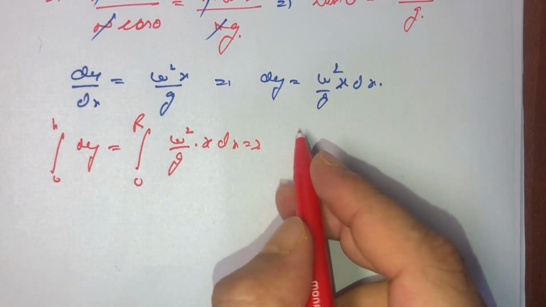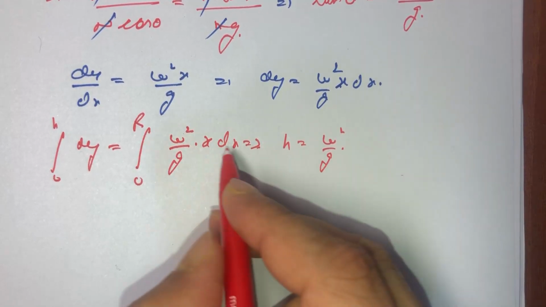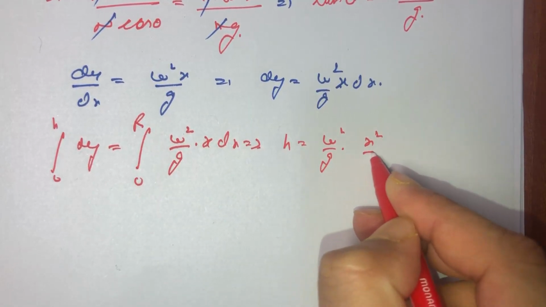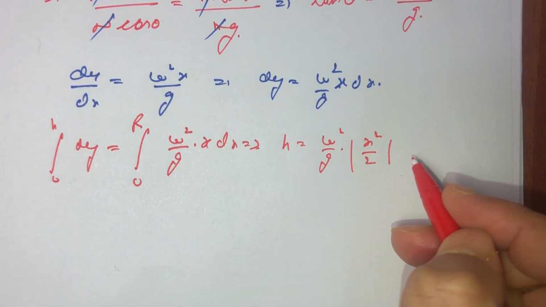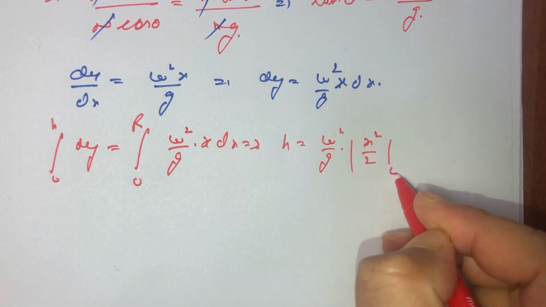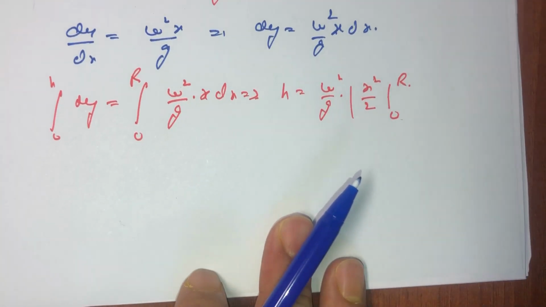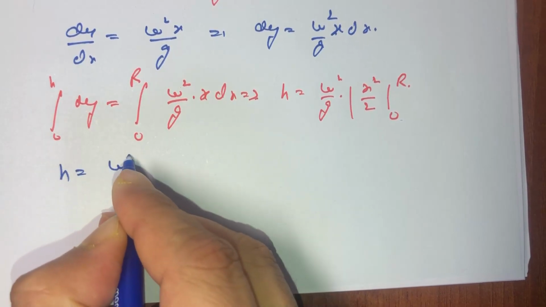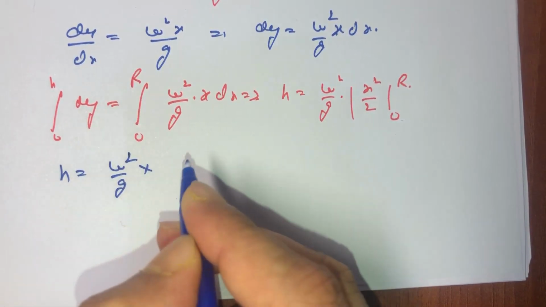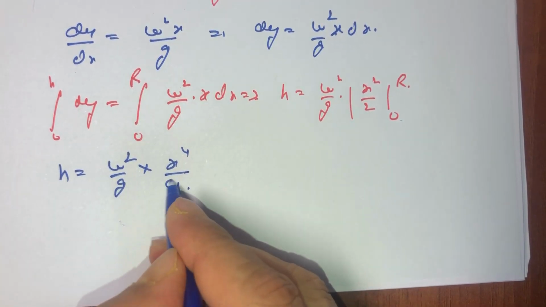So this gives us h equal to omega square by g, and we are going to get x square by 2 evaluated from 0 to r. Substituting the limits, we get h is equal to omega square by g multiplied by x square by 2.